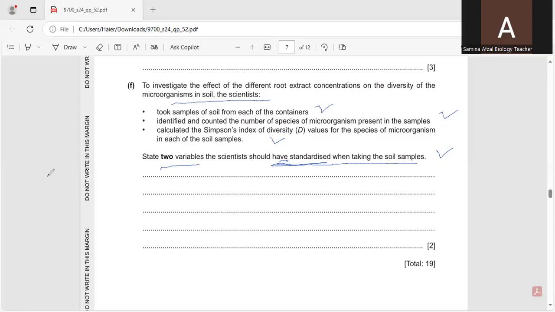When the scientist took the samples, they should have taken the same mass of the soil for this investigation.